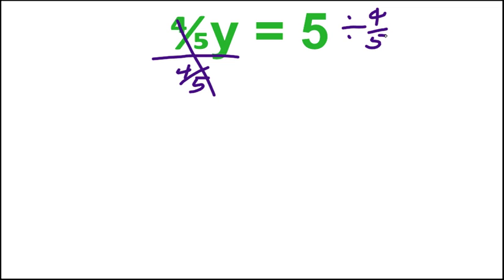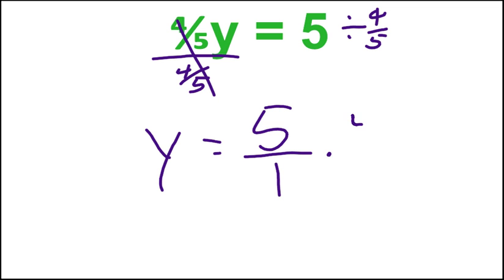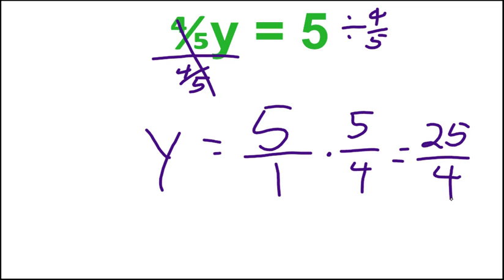Keep, change, flip. So we'd have y equals, I'm going to go ahead and put the 5 over 1. We keep that. Change it to multiplication. Flip the second. And then we just multiply straight across. So we're going to get 25 over 4. Or they could have, what would that be? 6 1/4 if they put it as a mixed number. Any questions on that?